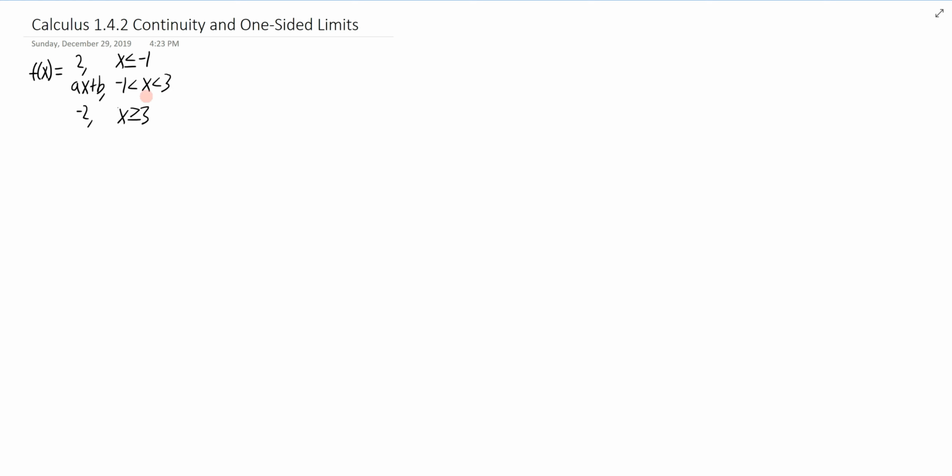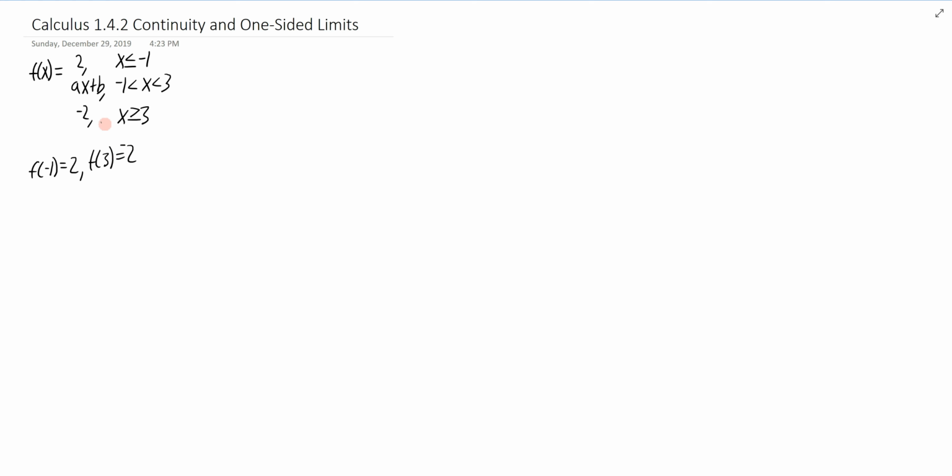So what we're going to do is we'll say f of -1 is equal to 2, because that's what we see up here. Whenever x is -1 or under, we're 2. So f of -1 equals 2. And that's important for us because then we can also say that f of 3 equals -2. Because look, whenever we're at or greater than 3, we're at, I should say, my bad, -2. We're at -2 over here.